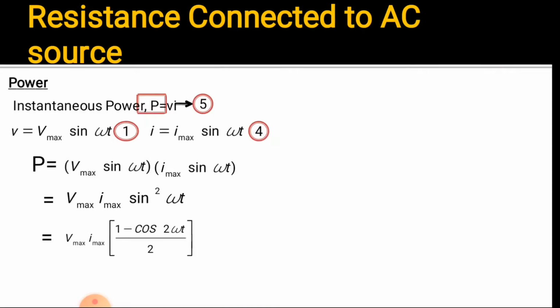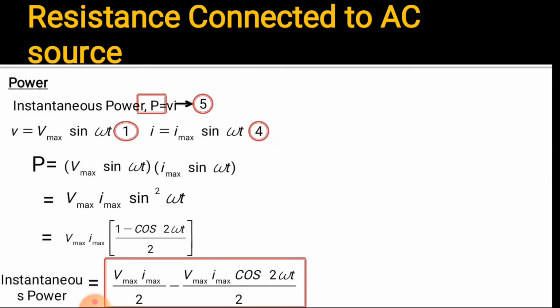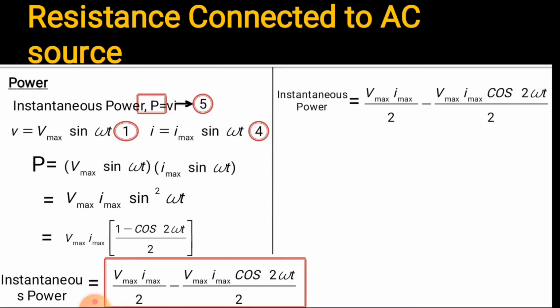Then the expression becomes p = Vmax Imax (1 − cos 2ωt)/2. By rearranging, we get p = Vmax Imax/2 − Vmax Imax cos 2ωt/2. From this expression, it is observed that the instantaneous power has two parts. The first part is called the constant part and the second part is called the fluctuating part.